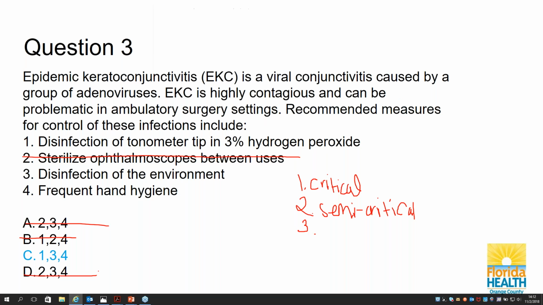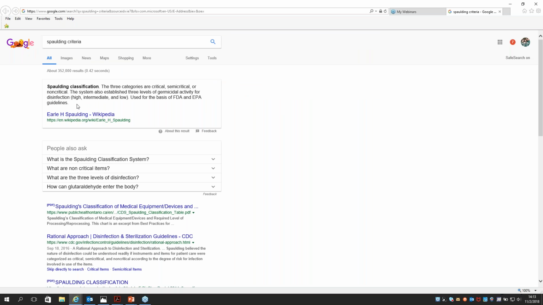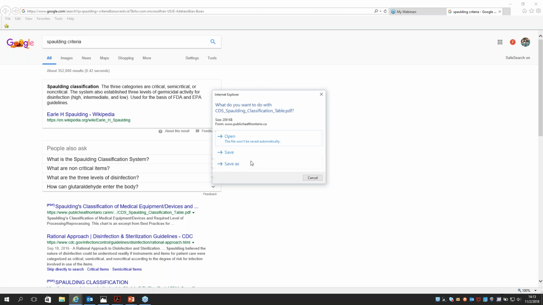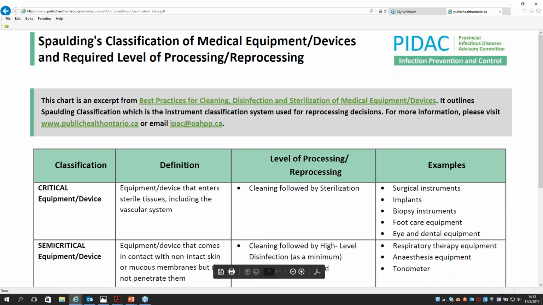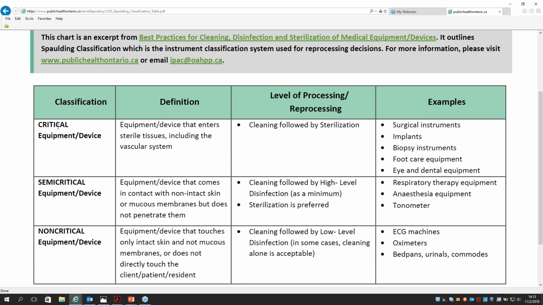Let me see if I can pull up Spalding criteria on the side and show you. Okay, so we have critical, semi-critical, and non-critical.